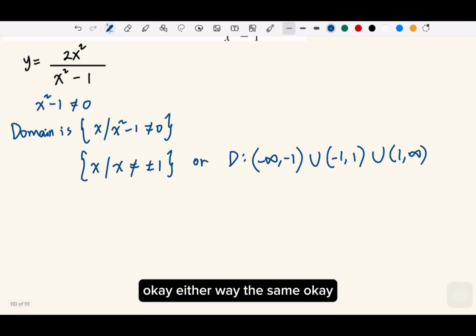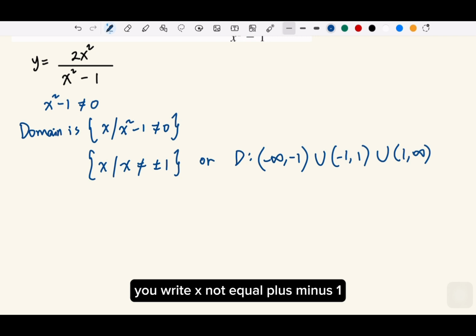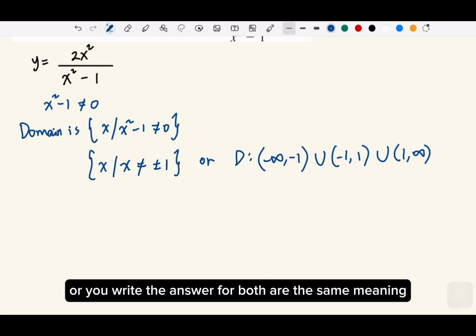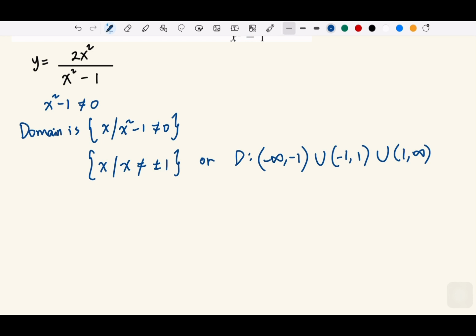Okay. Either way, the same. You write x not equal to plus or minus 1, or you write the interval. Both have the same meaning. Okay, so that's domain. And then intercepts.